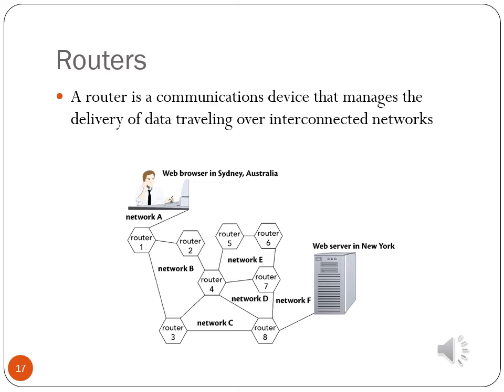So for example, in this little diagram, we have network A, some guy in Sydney, Australia, and he's got packets going from his computer to a web server in New York City. The packets come out of his computer addressed with an IP address. The router looks at the IP address and has a choice. It could forward it to router 3, or it could forward it to router 2. Either one sends the packets in the correct direction.